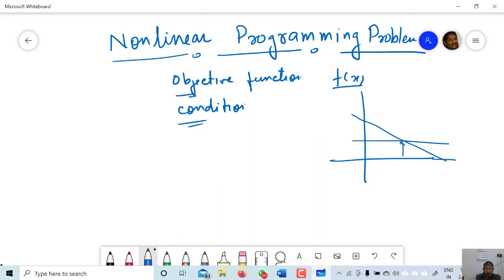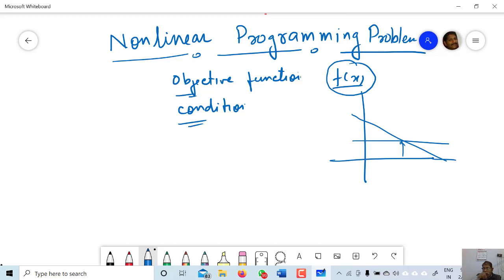So if the constraints and the function to be minimized are linear, this is known as a linear programming problem. Otherwise it will be said to be a non-linear problem. So if this objective function is linear, it will be linear programming, and if this objective function is non-linear, then it will be a non-linear problem.